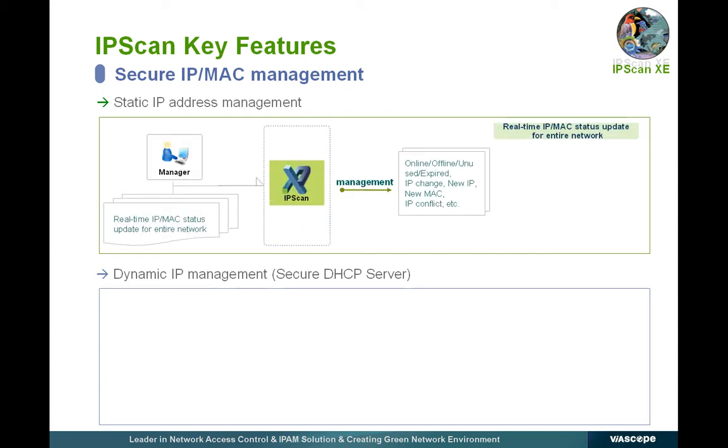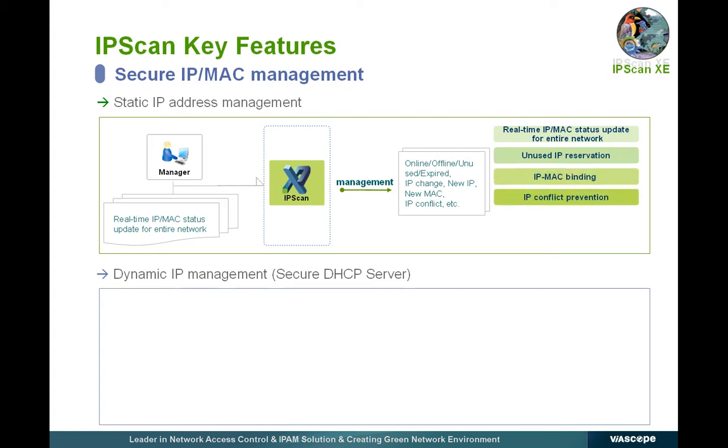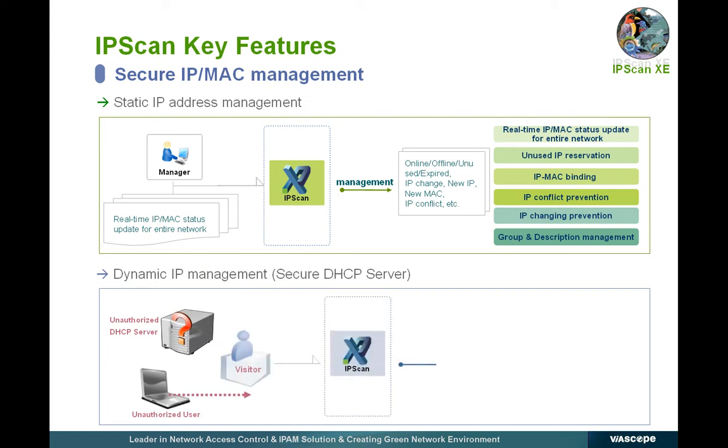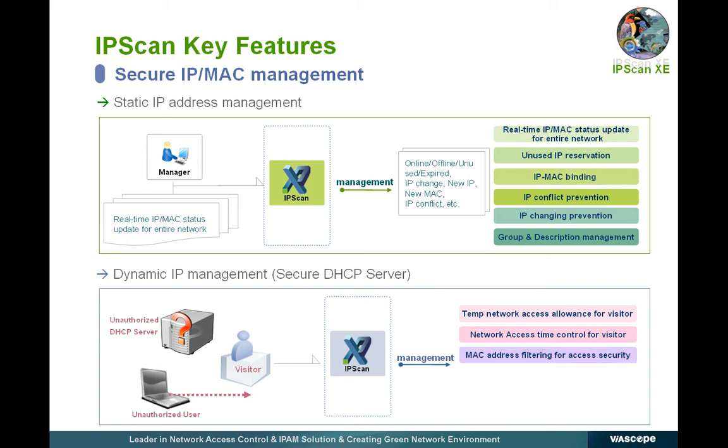For the static IP management, real-time IP or MAC status update for the entire network, unused IP reservation, IP or MAC binding, IP conflict prevention, IP changing prevention, group and description management functions are provided, while for the DHCP IP management, temp network access allowance for visitor, network access time control for visitor, MAC address filtering for access security, static IP address control in DHCP pool, and unknown DHCP server detection functions are available.